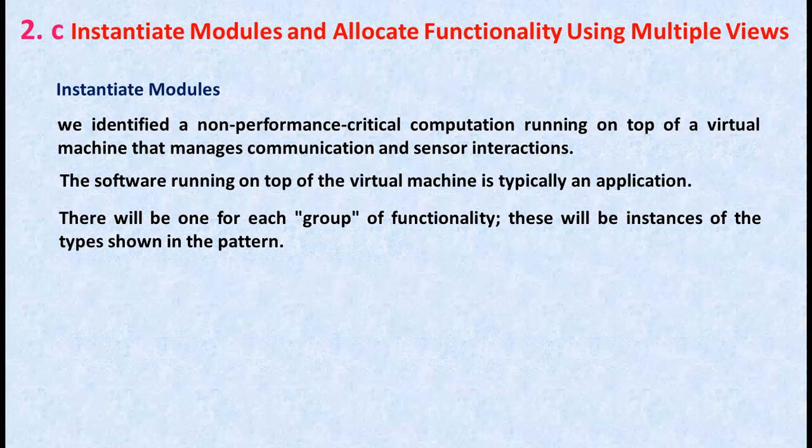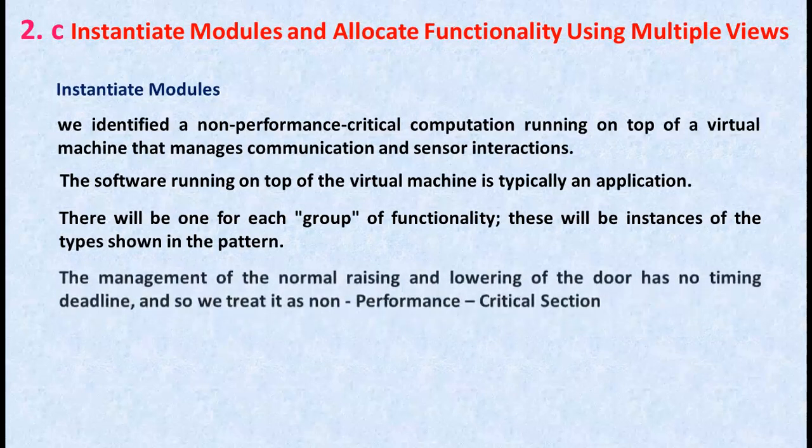So for our example, we allocate the corresponding responsibility for managing the obstacle detection and halting the garage door to the performance critical section, since this functionality has a deadline. So the management of the normal rising and lowering of the door has no timing deadline, and so we treat it as a non-performance critical section.